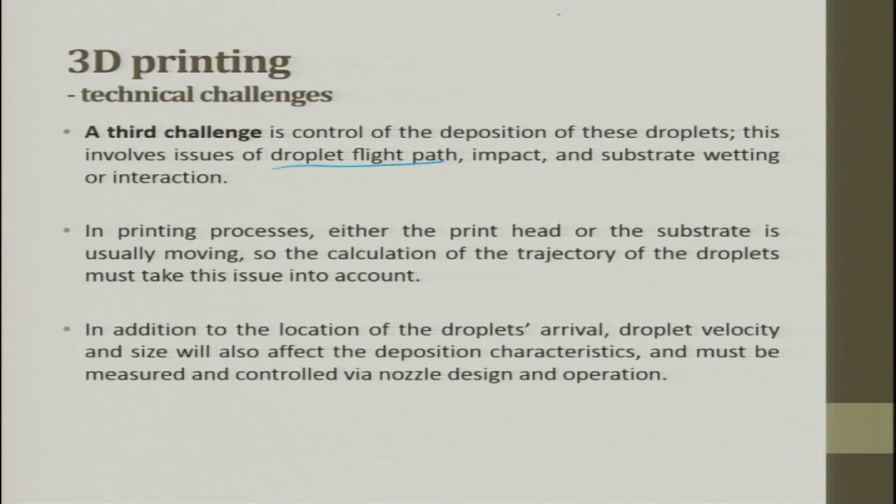Because the droplet is falling, it is like a plane dropping a bomb. So, a droplet is forming and parallelly this head is moving. Droplet falling down, head moving. So, there will be a flight path. Instead of falling straight down, it might take a path like this. So, we have to be careful.